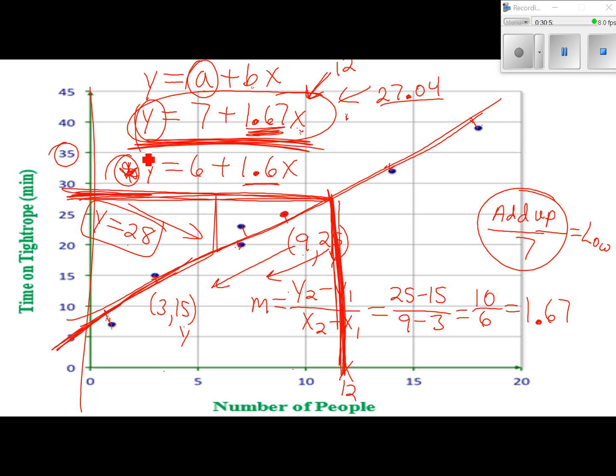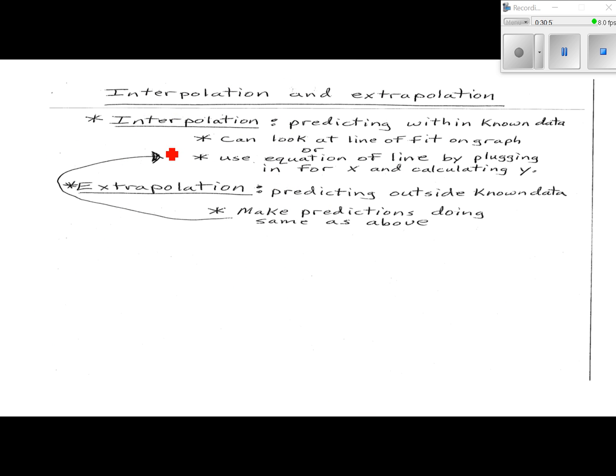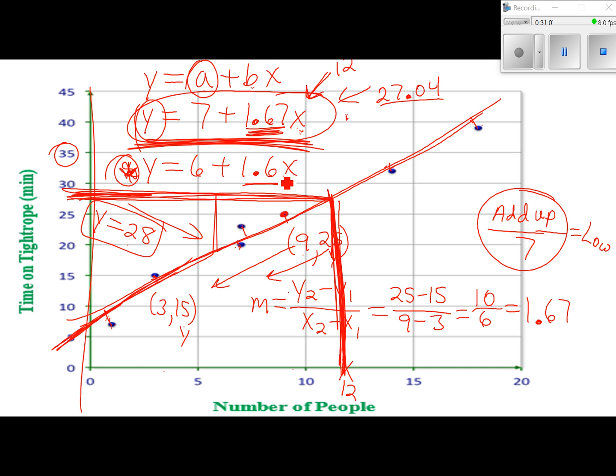When we start making these predictions, if we're within the range of data that they gave us, so on this one, it looks like we went out to, I don't know, somewhere about 18 maybe. So we went from 0 to 18.